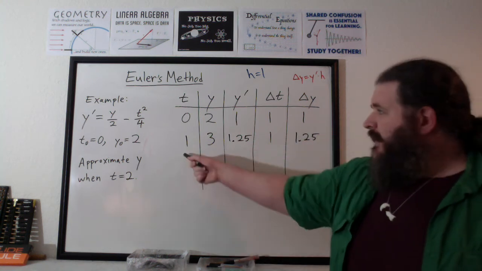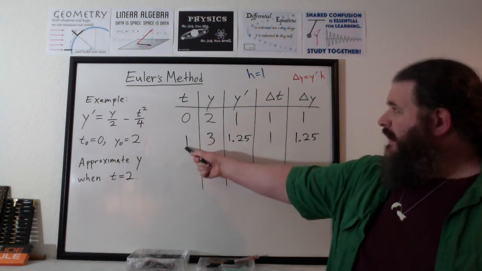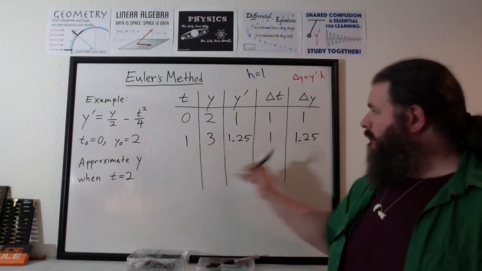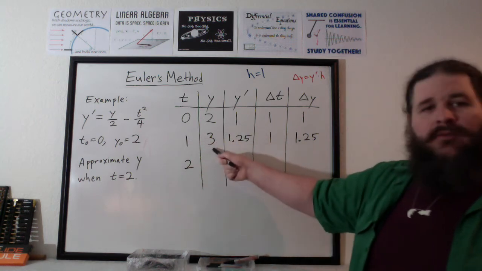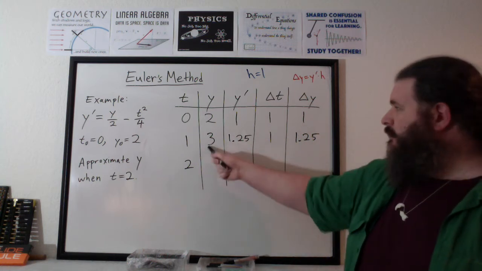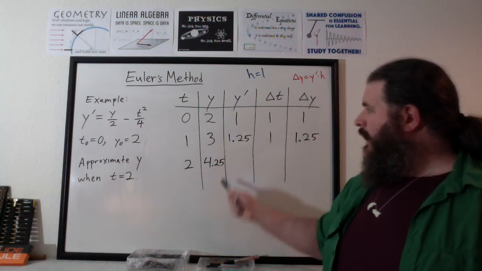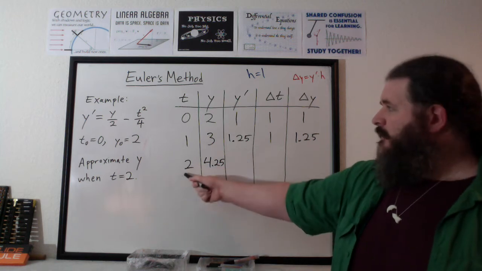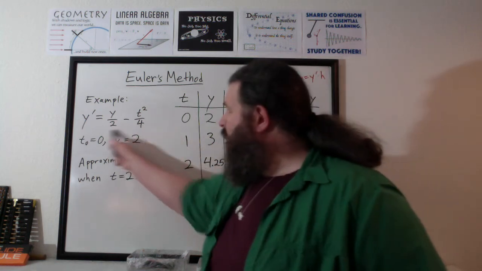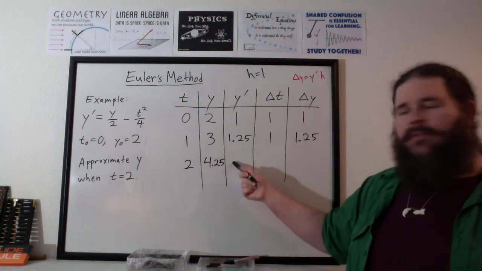And then again, to get the next t and y values, we take our current t value, add delta t. 1 plus 1 would be 2. And we take our current y value, add our delta y. 3 plus 1.25 would be 4.25. And we could keep going. Substitute 2 for t and 4.25 for y into the differential equation to find the new slope.